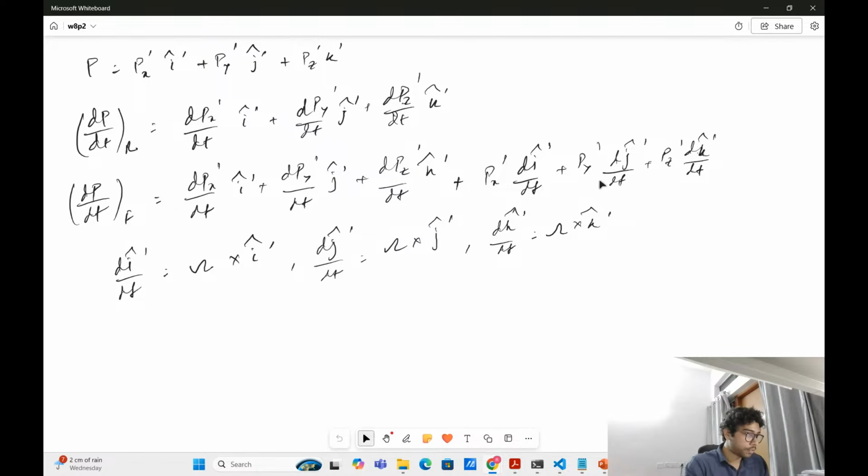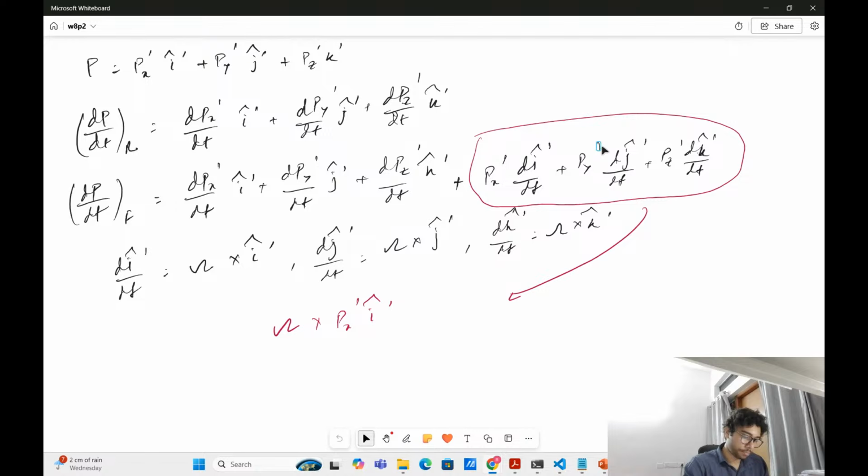So now this part will reduce down to omega cross px prime i prime plus py prime j prime plus pz prime k prime, which is basically omega cross p, right?